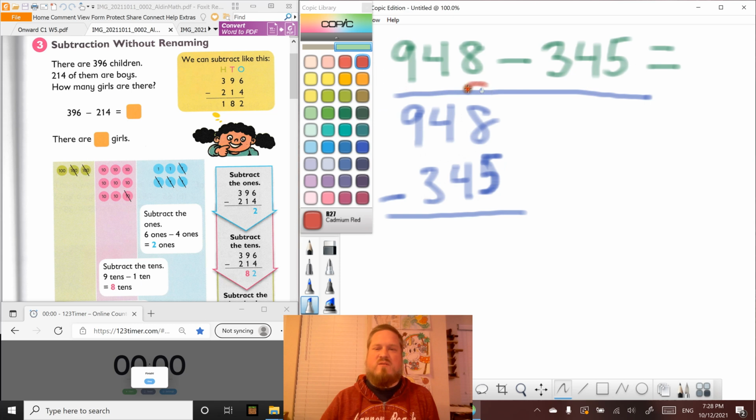We have the ones column, O for ones. I want you to subtract 5 from 8. So 8 minus 5. What do you get? 3? That's right. Then we're going to do the tens column, T for tens. 4 minus 4.